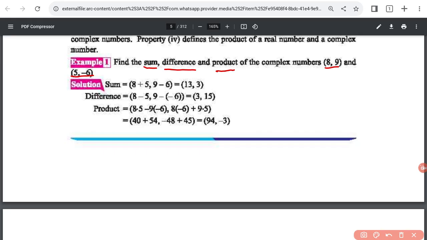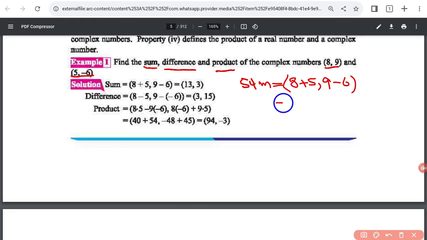So the sum of these numbers is (8 + 5, 9 - 6).